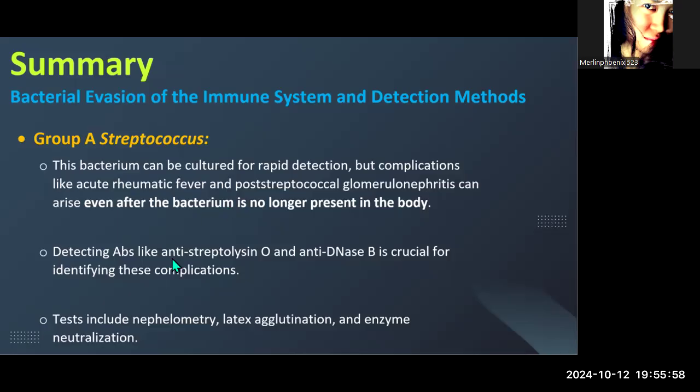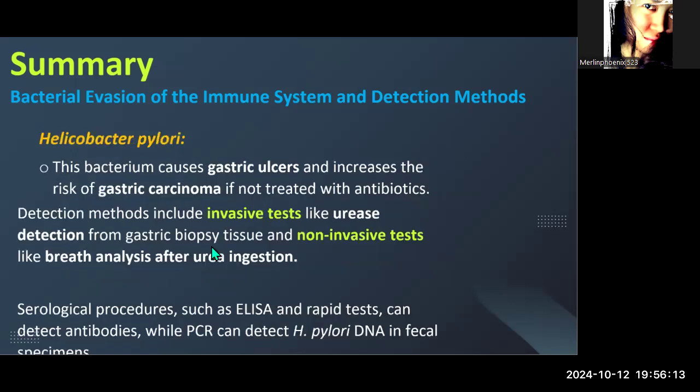And detecting antibodies like anti-streptolysin O and anti-DNase B is essential for identifying these complications. So testing methods include NEF or nephelometry, latex agglutination, and enzyme neutralization.